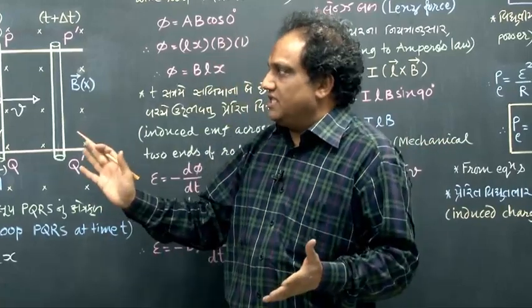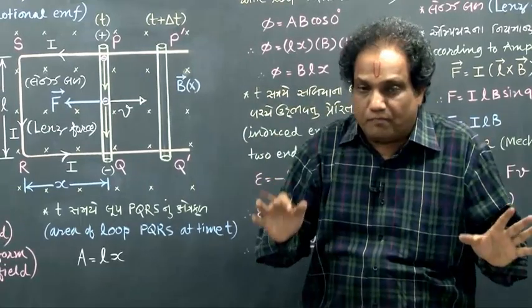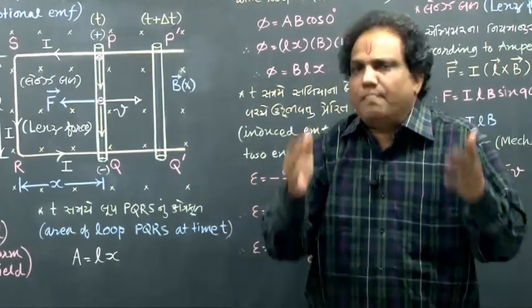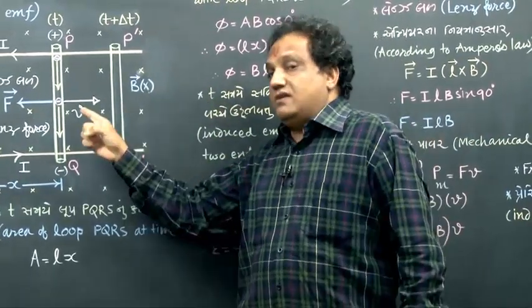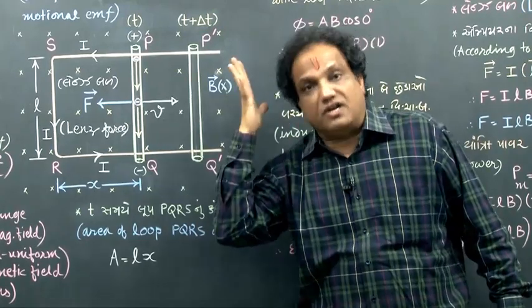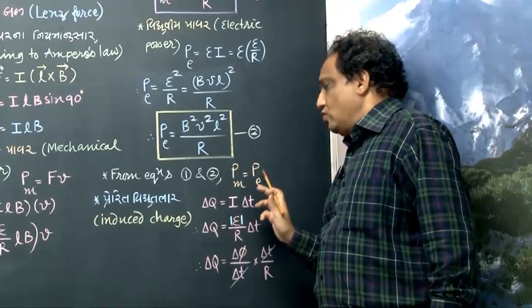So actually there is a loss of energy here, but under ideal conditions, if we assume there is no loss of energy, no dissipation of heat energy, then whatever mechanical power we are spending, same electrical power will be generated. So under ideal conditions, you can write PM equals PE.